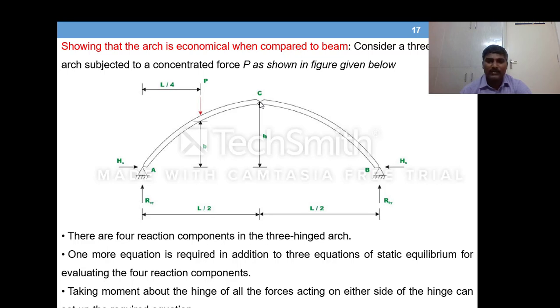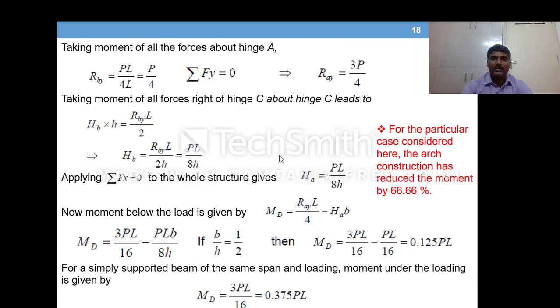So taking moments of all forces at this hinge C, there are two forces to the right of C: RBY into L by 2 and HB, the horizontal reaction, into the rise small h. So this is what we need to write as moment.